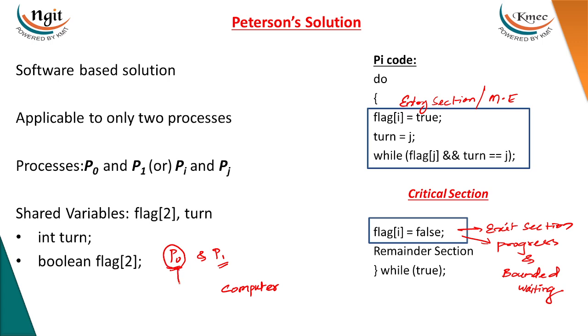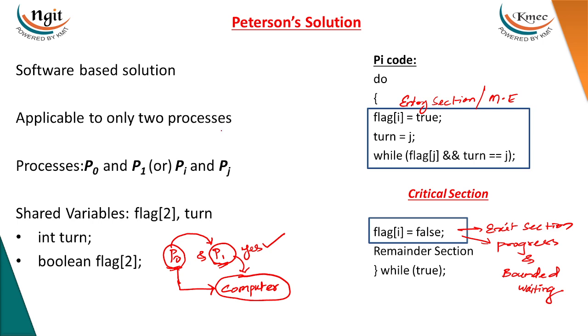P0 wants to use this computer. Before using it, P0 will ask P1, do you want to use the computer or not? If P1 says yes, I will use the computer, then P0 allows P1 to use the computer.